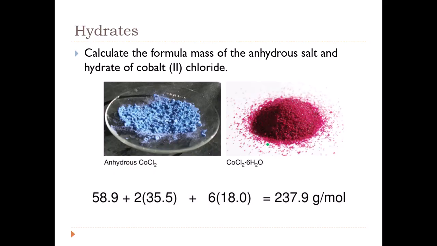If you're asked to calculate the formula mass of a hydrate, all you need to do is calculate the formula mass of the compound as usual, then take the formula mass of water and multiply by the number of water molecules. In this case it would be 6 times 18, and you would tack that on to the mass of the other part of the compound.